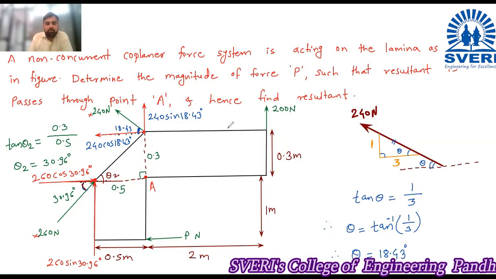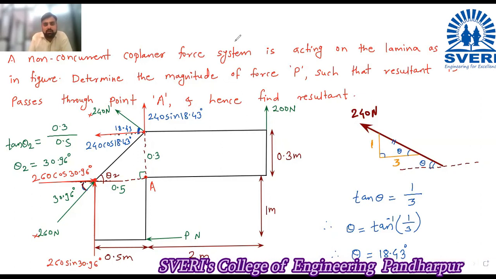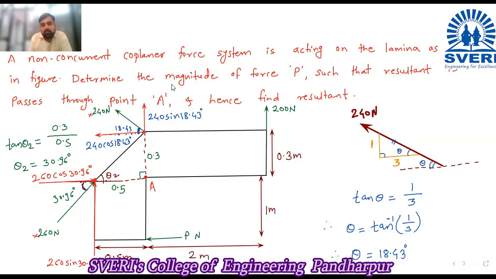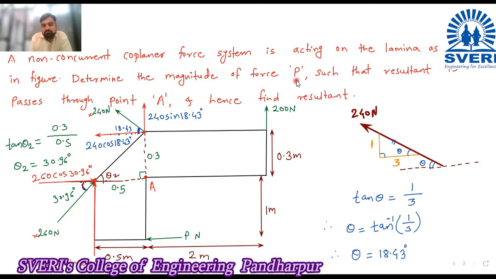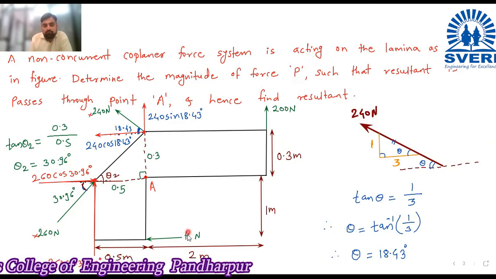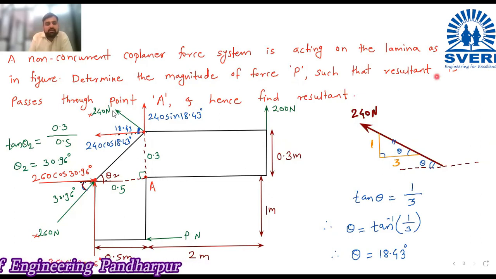So what we will do here in the numerical, they told us to determine the magnitude of force P. So we need to find out the value of this force P such that the resultant is passing through point A. So the resultant is passing through point A means what?